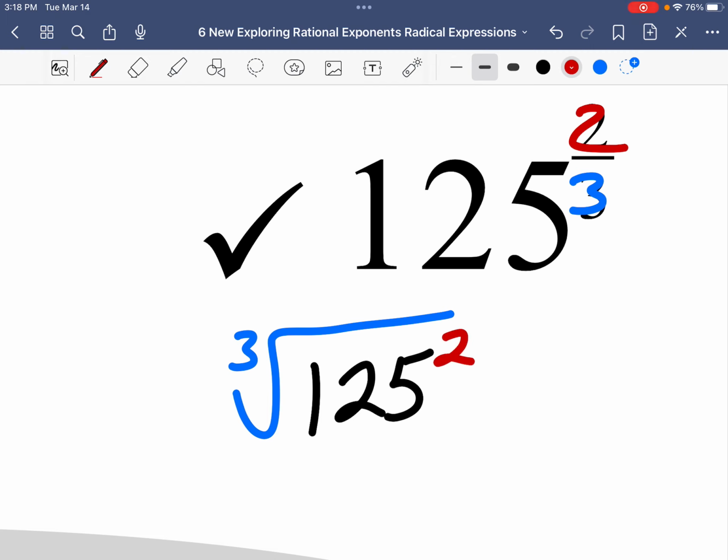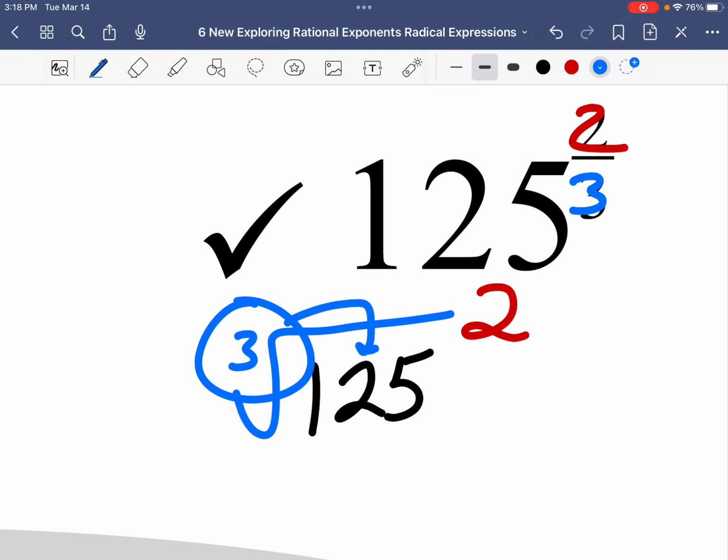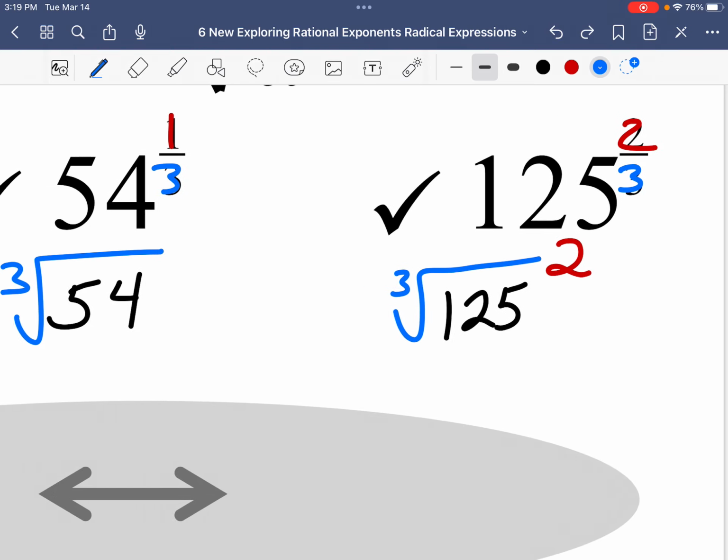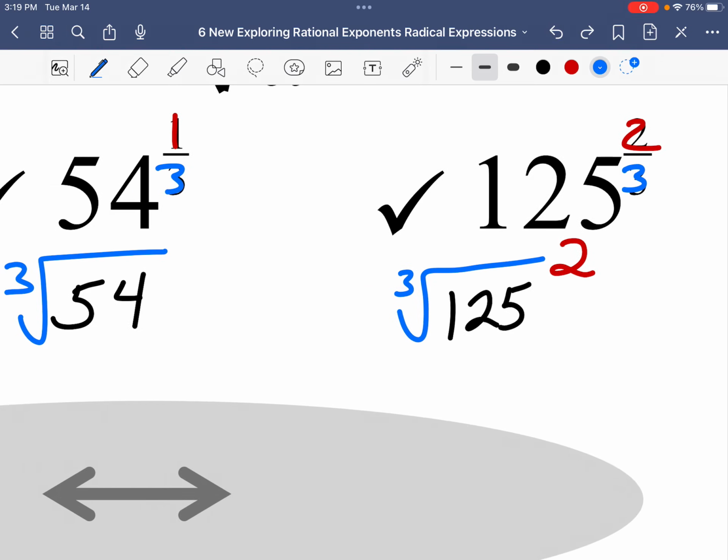Now, a problem like this can be rewritten, as all the problems can be, or also written with the power just on the outside. Let's put the power on the outside because guess what? I can actually find 3 numbers that give me 125. Yep, there are 3 numbers that give me 125. 5 times 5 times 5.